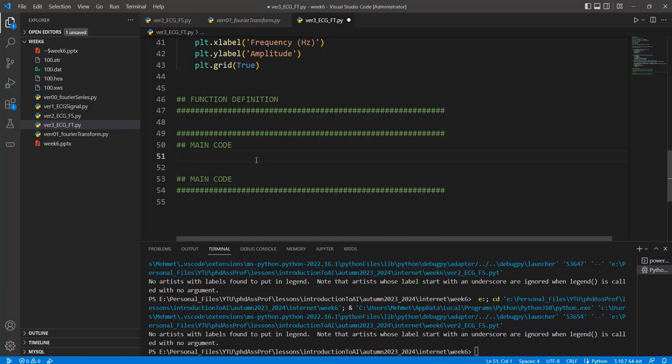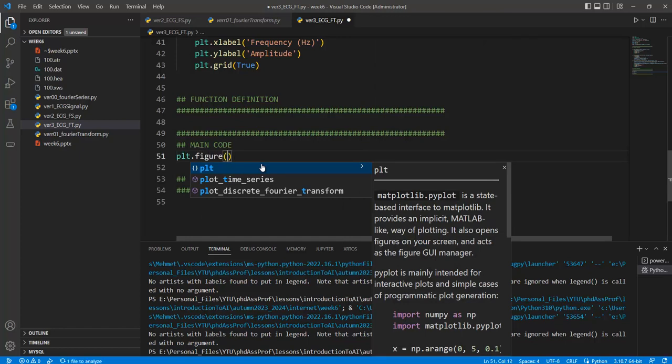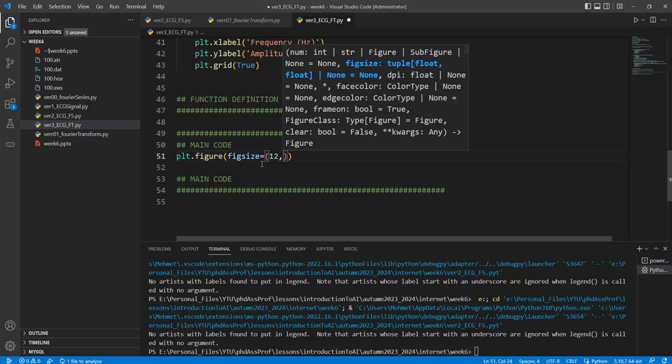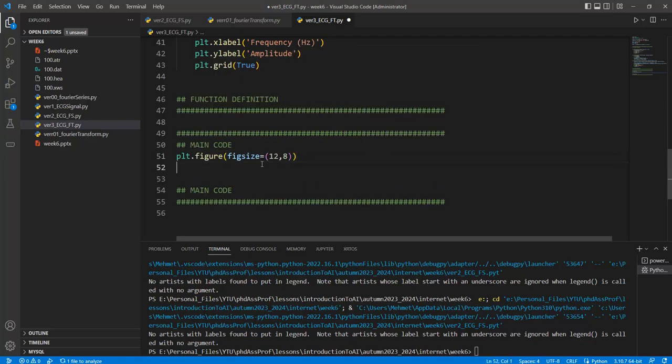So, okay, get this code, and then we can plot the figure with the fixed size of 12, 8, right?